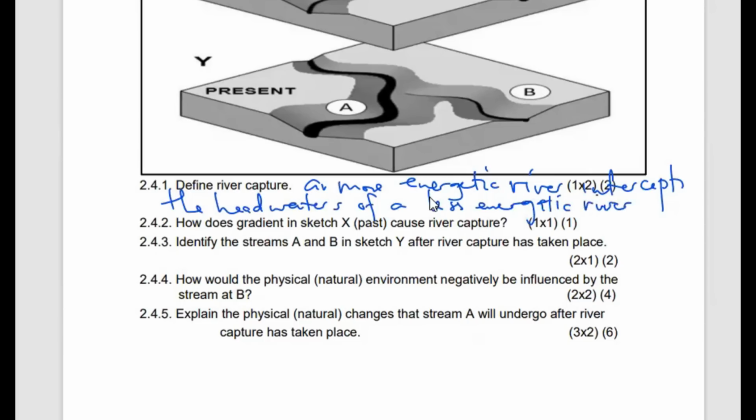Right, a more energetic river, we are saying that the river is strong in headward erosion. It erodes headwardly towards another river and it manages to intercept the headwaters of the less energetic river. That is the process of river capture or stream piracy.